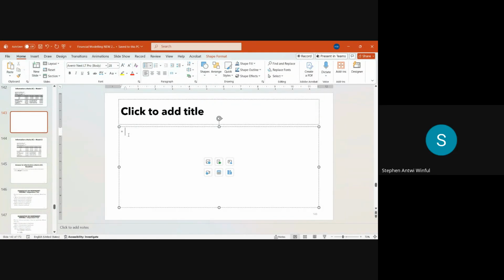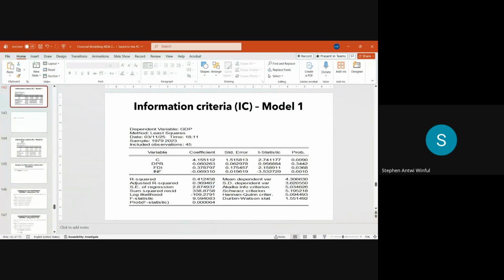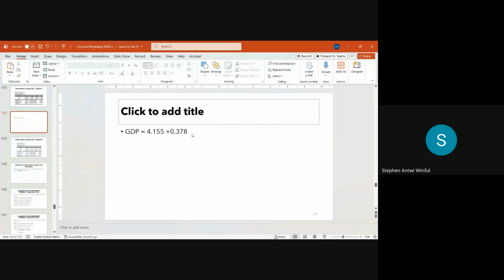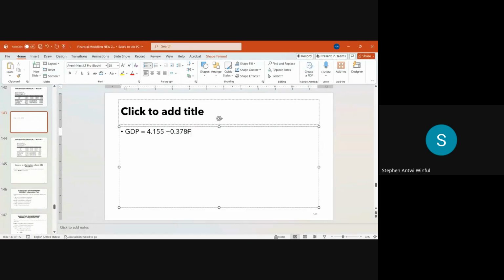So GDP is equal to 4.155 plus 0.378 FDI minus 0.069 INF. Can you see?